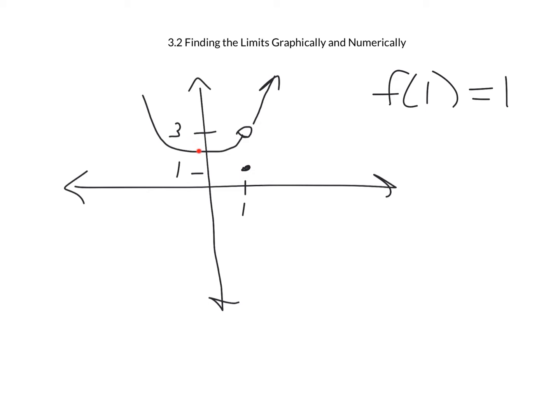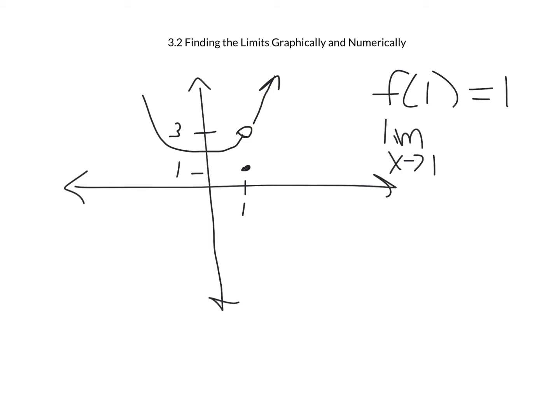We look at what's happening as we come from the left, and we look at what's happening when we come from the right. And as we get closer and closer to x equal to 1, if I ask you what the limit is, and this is our limit notation, limit as x approaches 1, we come from the left, we're getting closer and closer to this 3 value, and we come from the right, we get closer and closer to this 3 value.